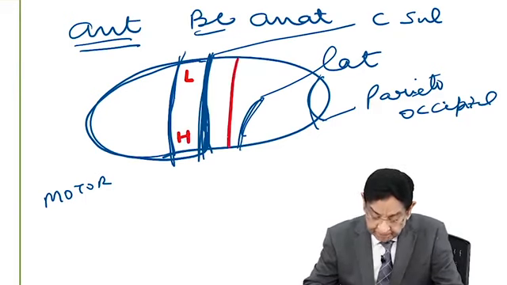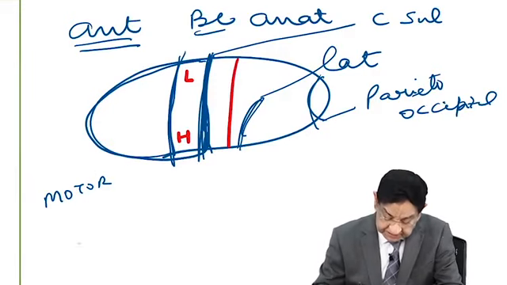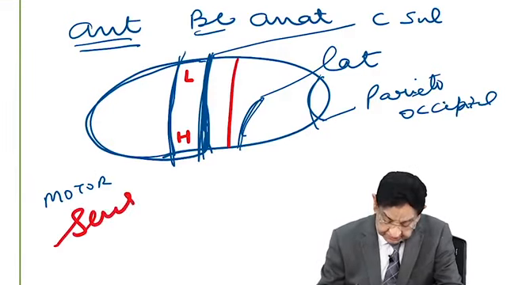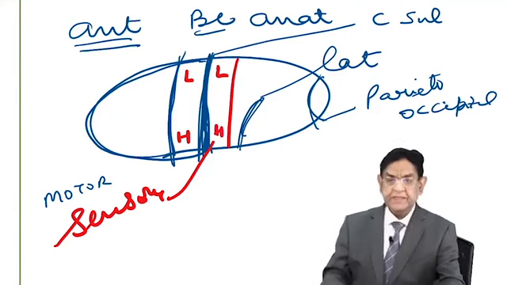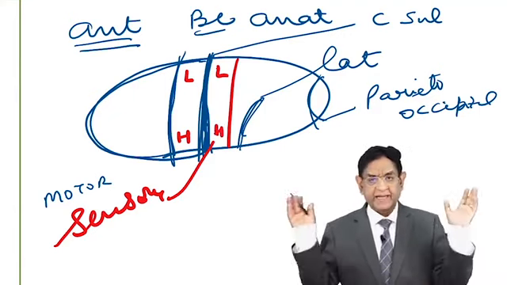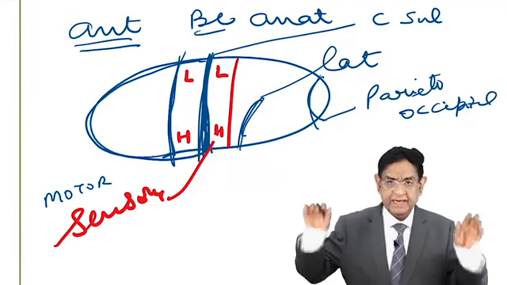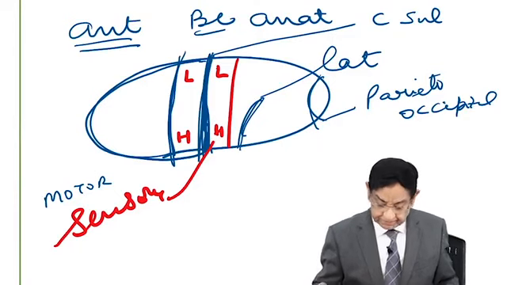Similarly, the part which lies just behind the central sulcus is the sensory cortex. Leg area, head area. It means in the cerebral cortex, the body is hanging upside down. The leg area is at the top and the head area is at the bottom.